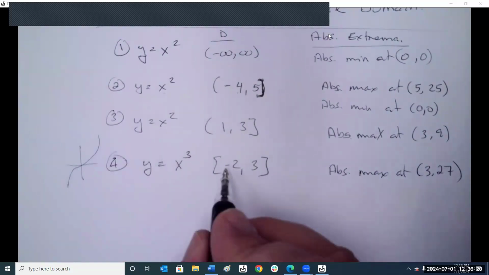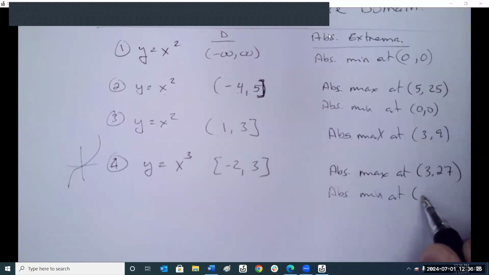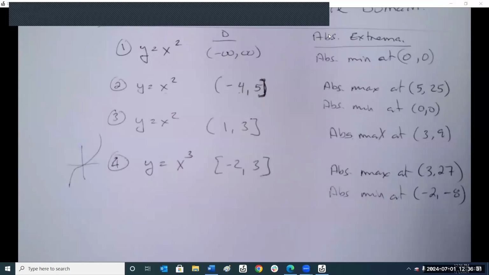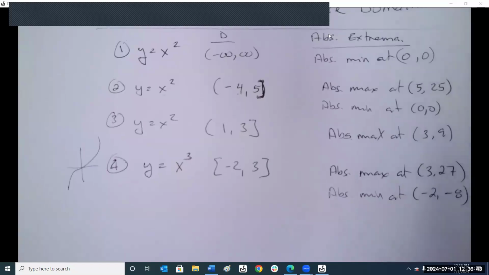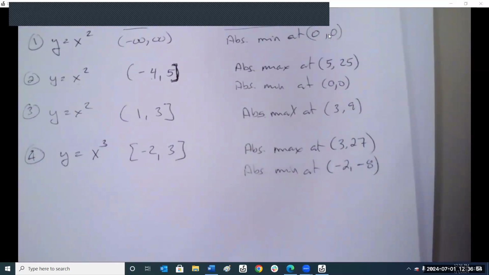Right. So the minimum at -2, -8, because it's included. So you have to make sure whether it's open or closed. Now, if it's an absolute, do we have any relatives here? Relative extrema on those domains.